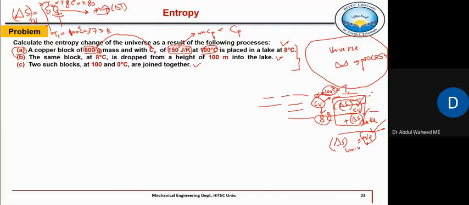And m into Cp is equal to capital Cp. That is given 150 joules per Kelvin. Right, जी, I hope this equation is clear और ये solution में mentioned. So delta S of copper is equal to mCp dt, differential change dt divided by t, because we need to integrate this equation.